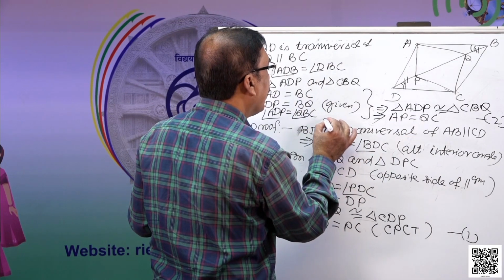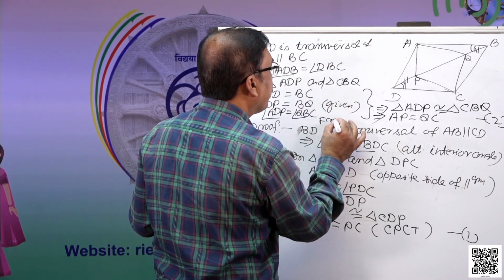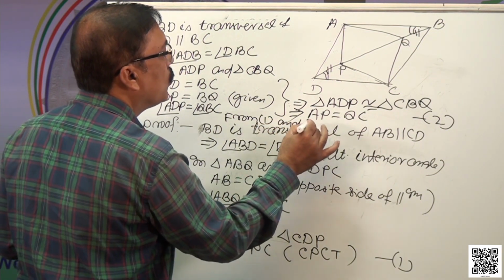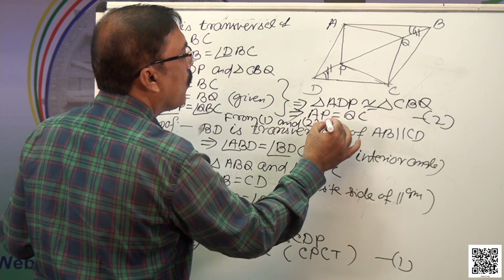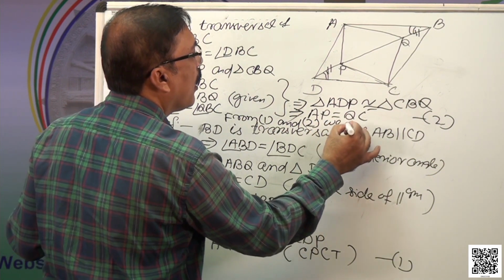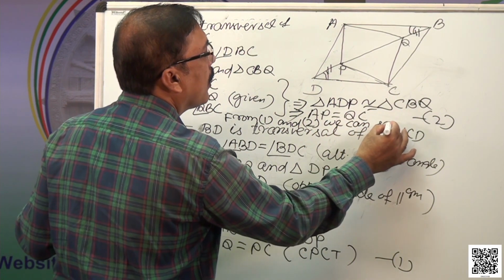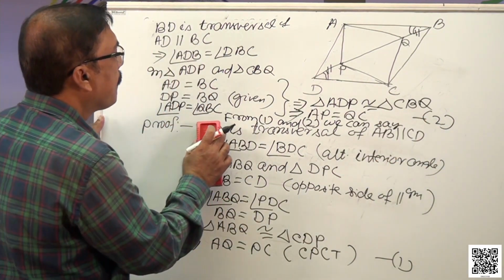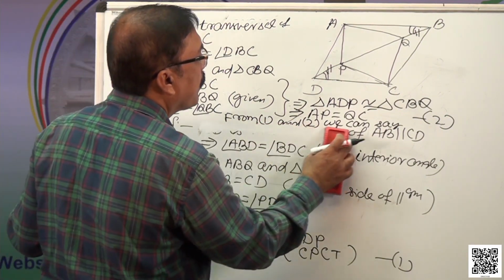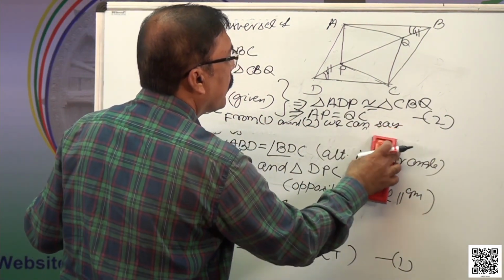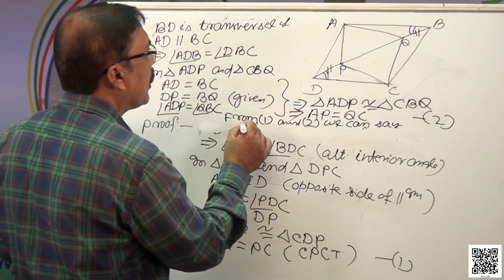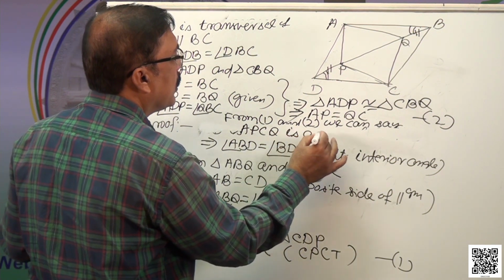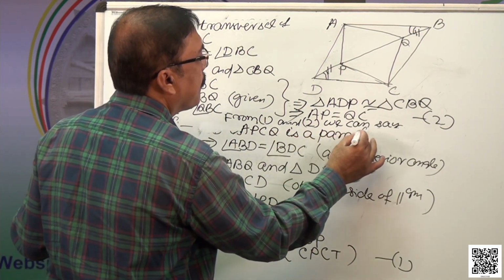So we can write here from 1 and 2 we can say APCQ is a parallelogram.